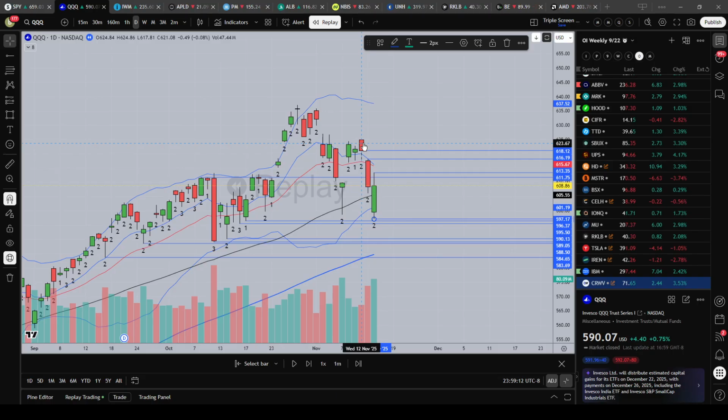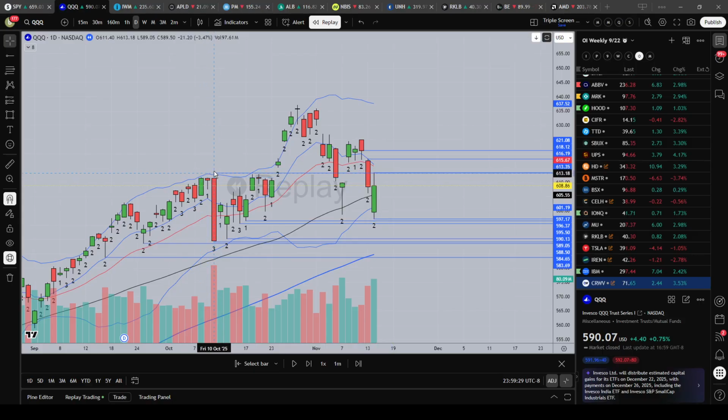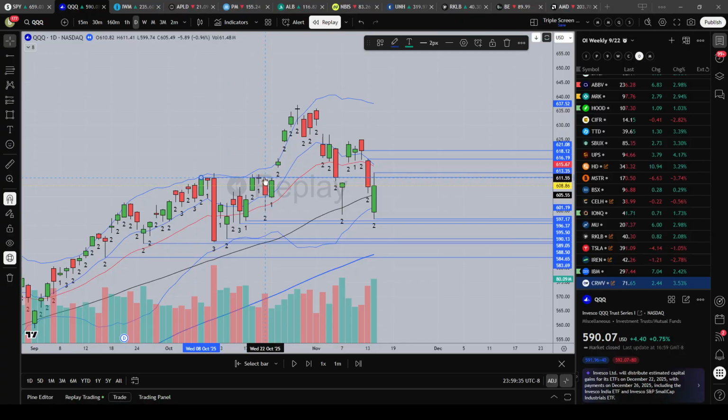As well, certain days are seen as more important than others. For example, this giant red bar here was the Trump tweet news, where we saw huge volatility in the market. A lot of traders will recognize this as a key level in terms of where the highs and the lows are. In general, you can see that this line is very much respected.